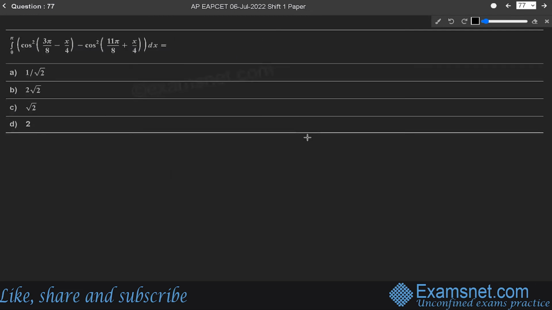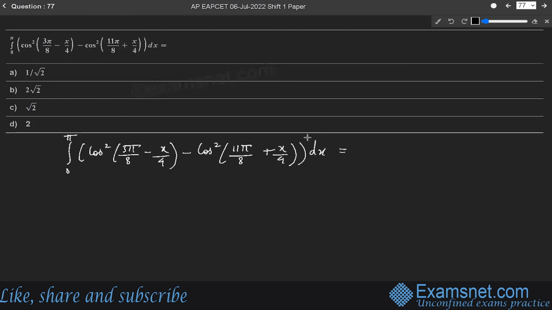Next question is the integral from 0 to π of cos square (3π/8 minus x/4) minus cos square (11π/8 plus x/4) dx is equal to. We know that there is an identity which is 2 cos square theta minus 1 is equal to cos 2 theta, or (cos 2 theta plus 1)/2 is equal to cos square theta.